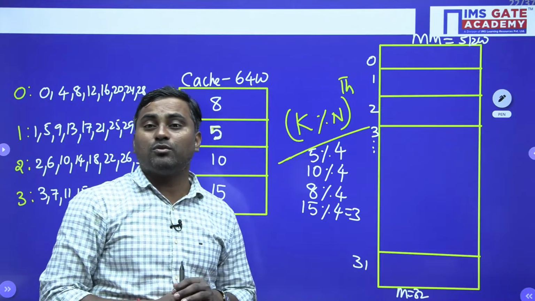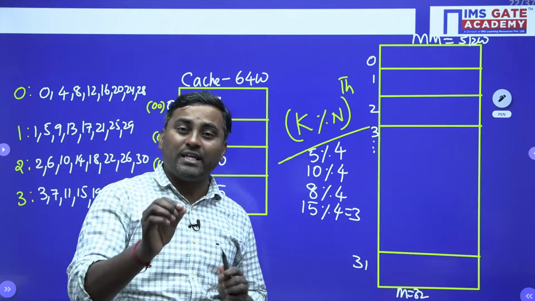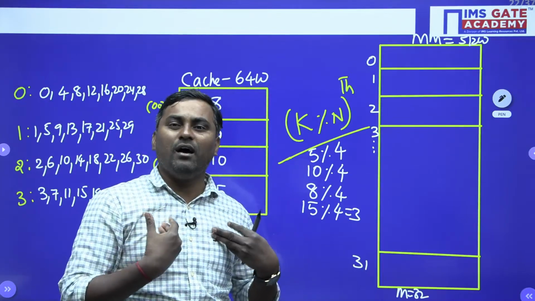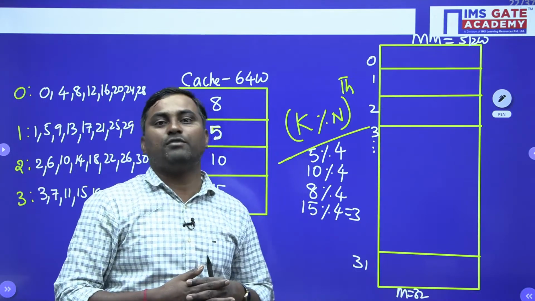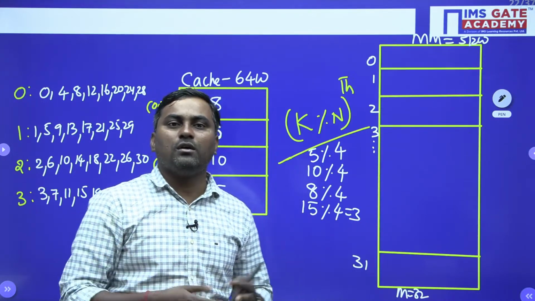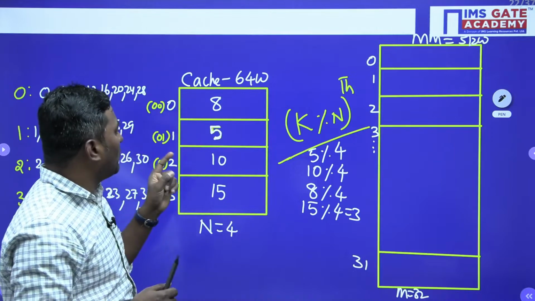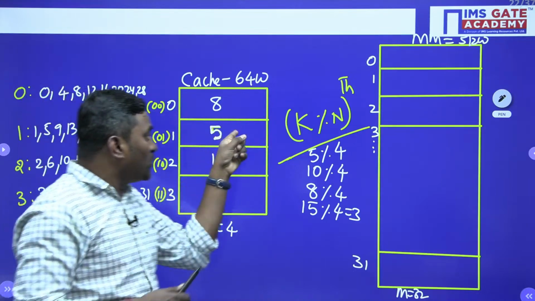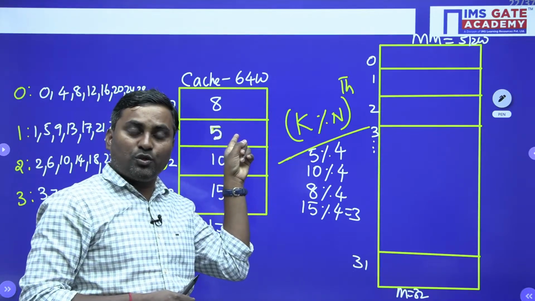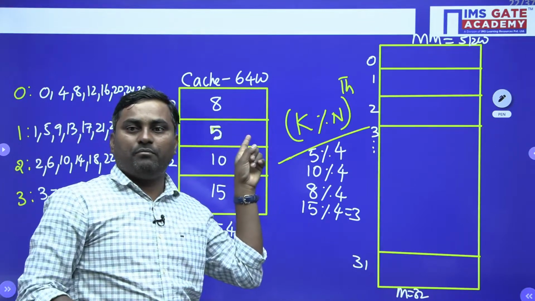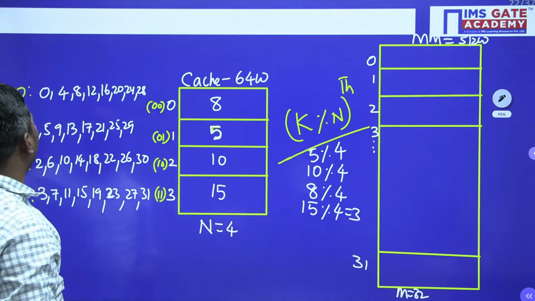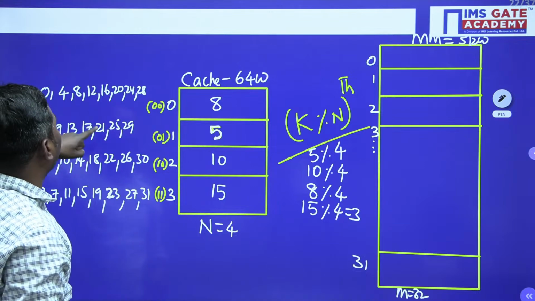The question comes: does block number 5 belong to me or to somebody else? That we don't know. How, sir? Because at this block position, the block number 1 position, 8 blocks can map. Yes or no? 5 can be there, 1 can, 9 can, 13 can, 17, 21, 25.